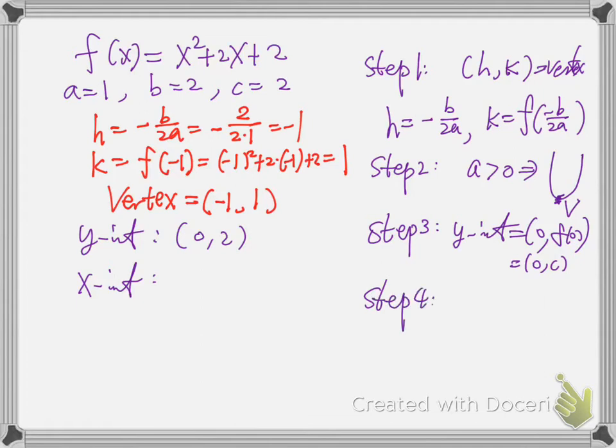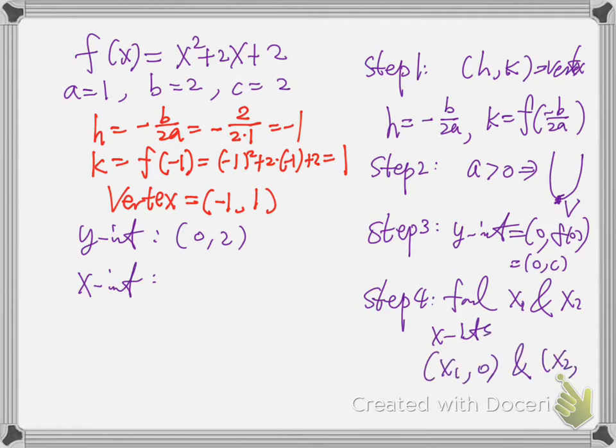So find x1 and x2 for the x-intercepts, which are (x1, 0) and (x2, 0). My suggestion is the quadratic formula: negative b plus or minus the square root of b squared minus 4ac, divided by 2a.